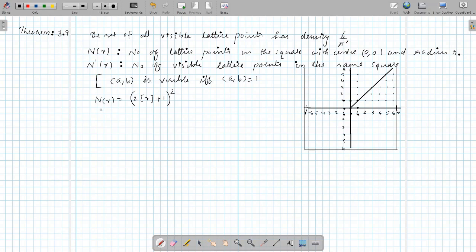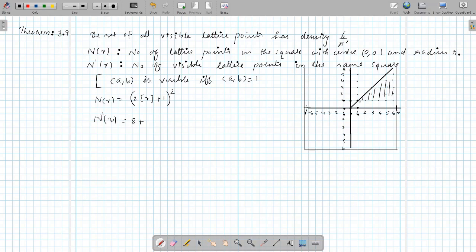In order to find the value of n prime of r, we will first count these 8 lattice points, and plus, we will consider the lattice points inside this area and multiply it with 8. Then you will get all the visible lattice points inside the square. So our intention is to find the visible lattice points inside this area.